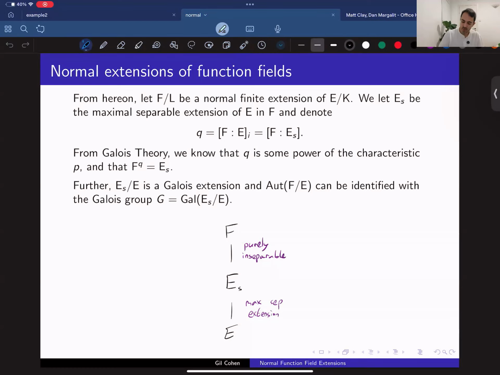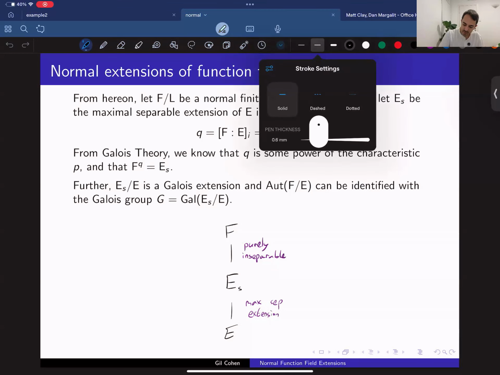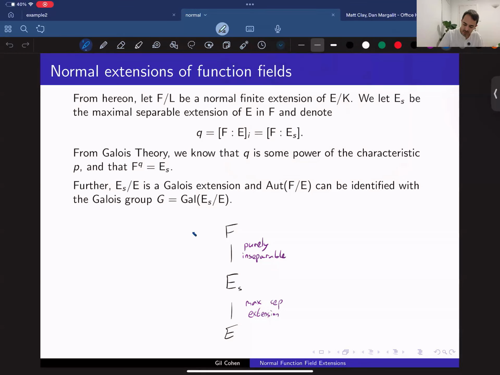Okay, so what I'm saying is that for every element x in F, there is some power of it that takes that element to E_s. And that power is going to be also a power of the characteristic. In fact, because of the finiteness, there is one power that takes all of the elements in F into E_s.